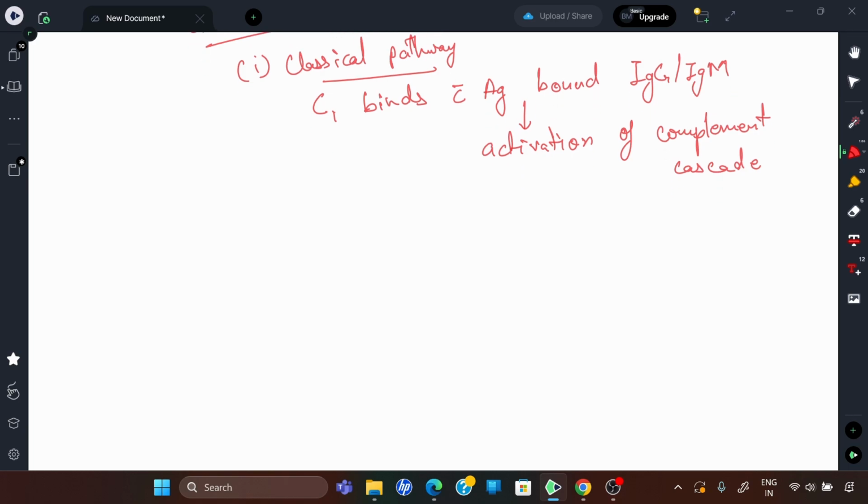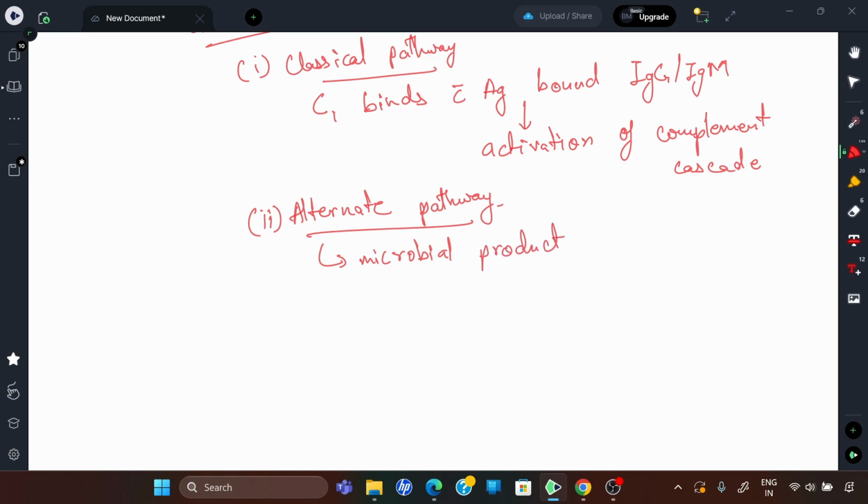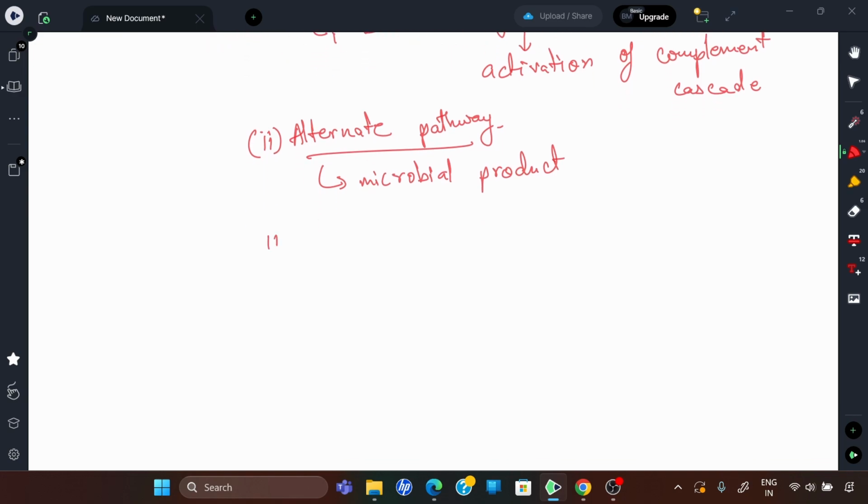Now moving to the second pathway. The second pathway is the alternate pathway. What happens here is that there is direct activation of the complement system by microbial products. And the third pathway is the MBL pathway, also known as the mannose binding lectin pathway.